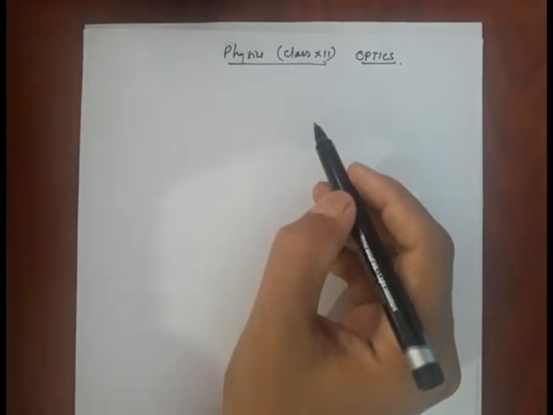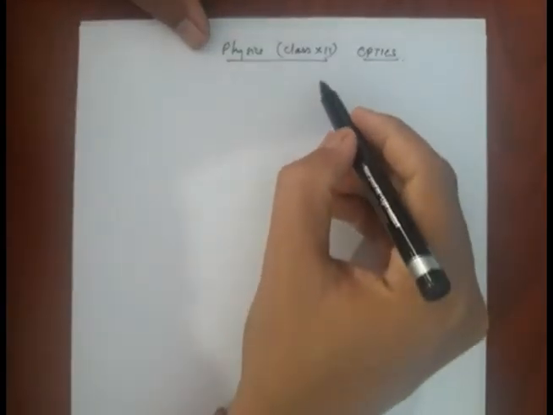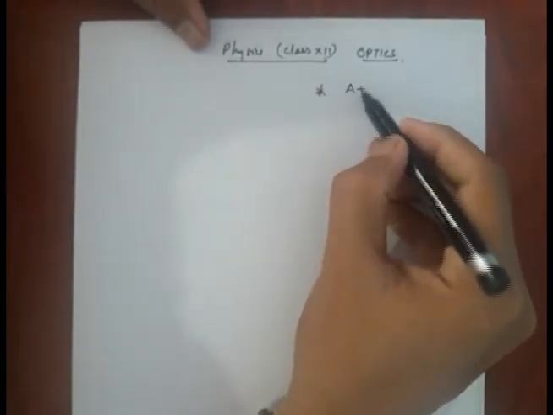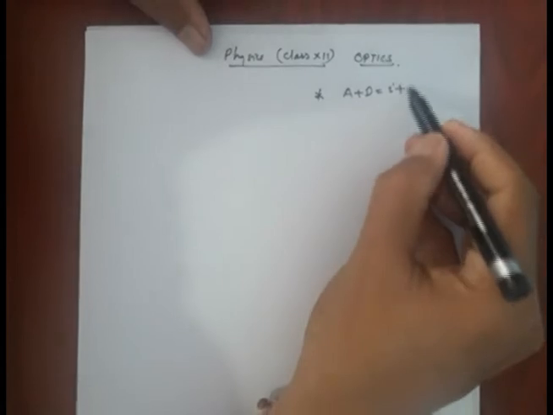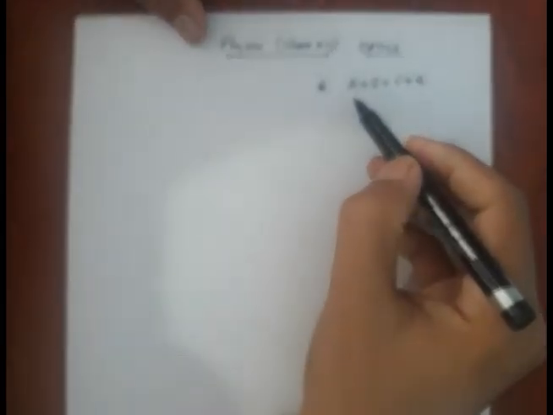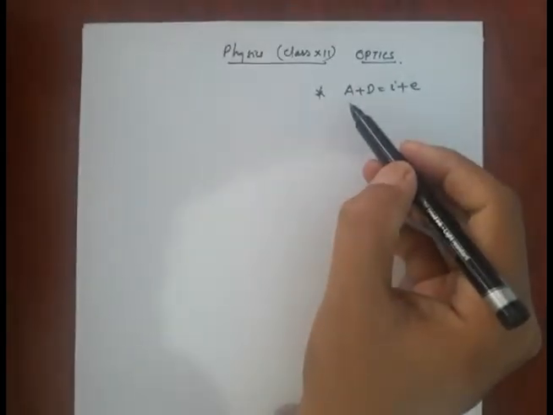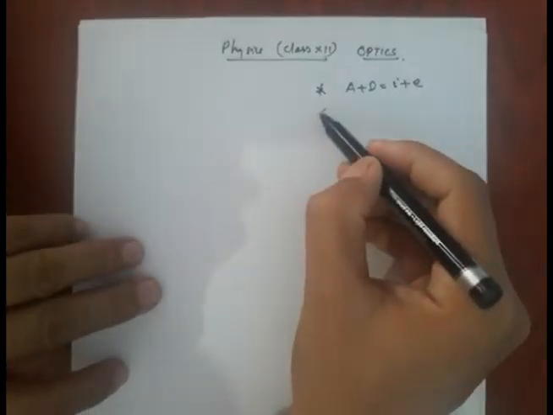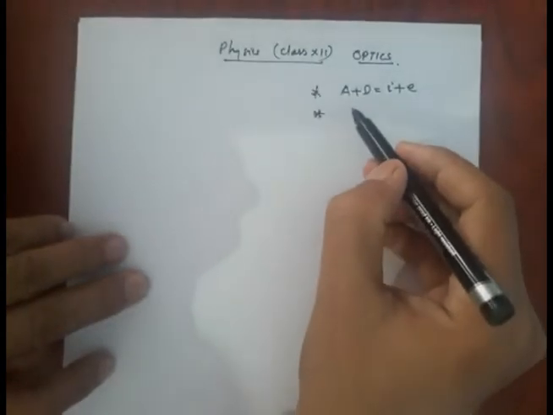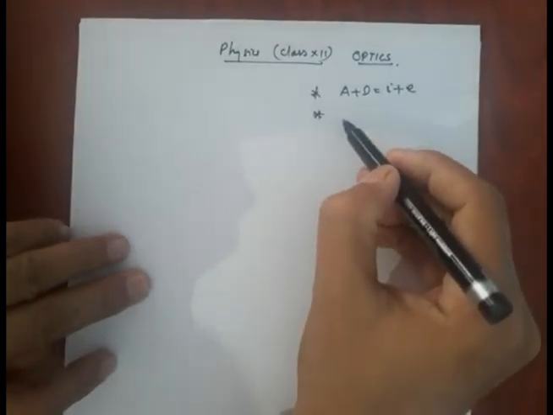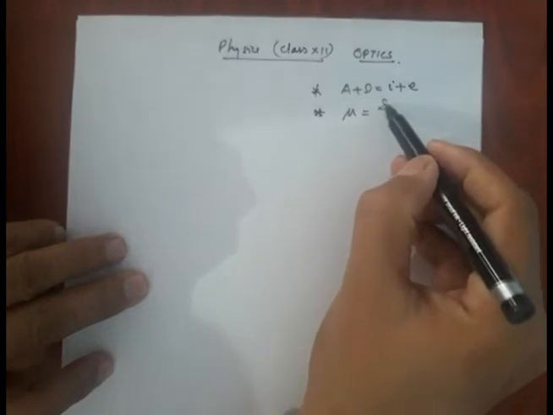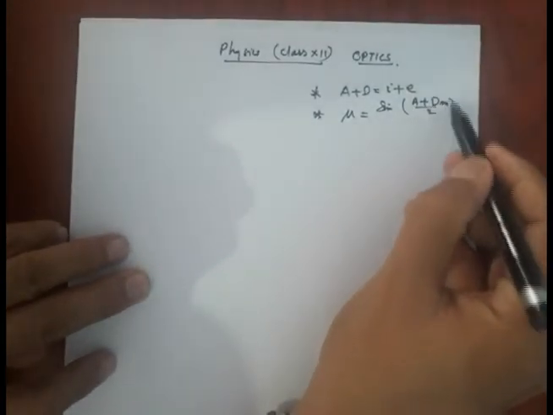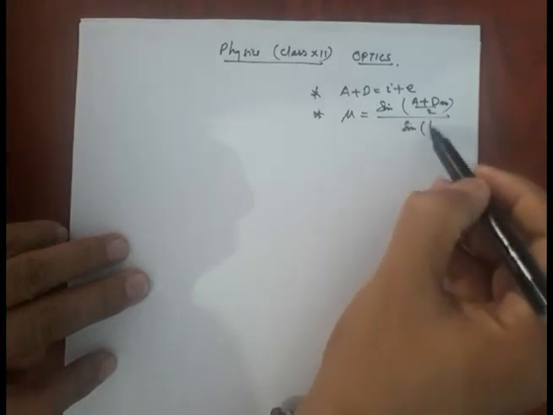So if we look back at our early derivation, we have derived this formula: A plus D is equal to I plus E. This is the relation between angle of prism, angle of deviation, angle of incidence, and angle of emergence. And the second formula that we have derived, the prism formula, gives mu is equal to sine of (A plus Dm) by 2, whole divided by sine of A by 2.